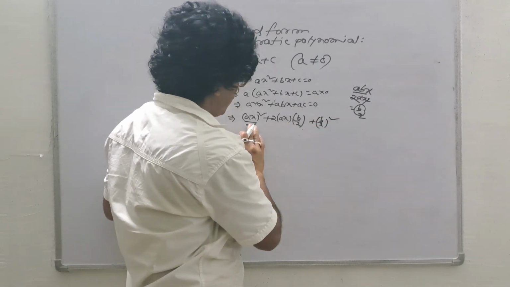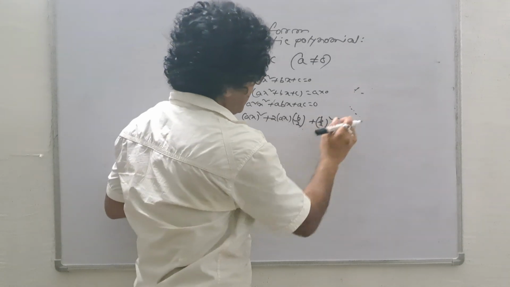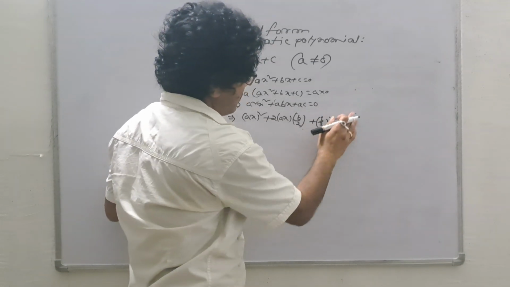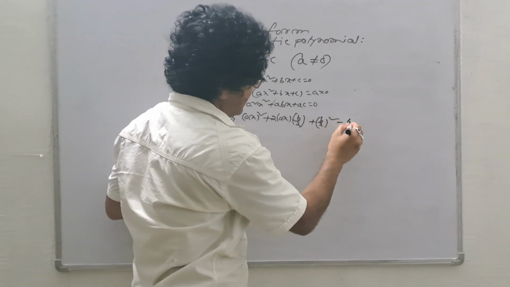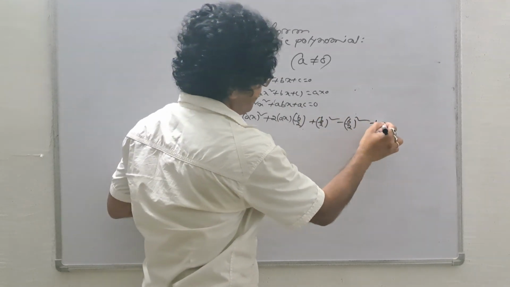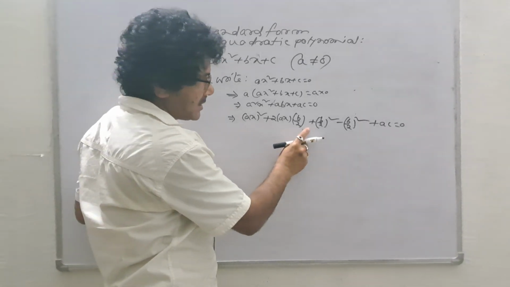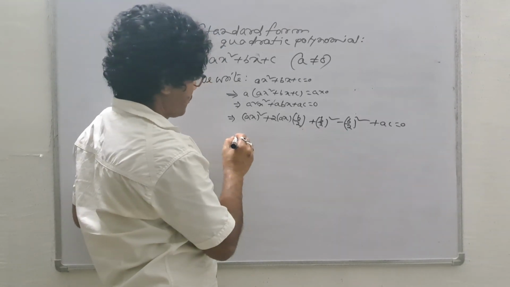Understood? So it is a square plus twice ab plus b square, but you have added this, so immediately you should subtract it, and plus ac. You have taken plus, so immediately you should minus.